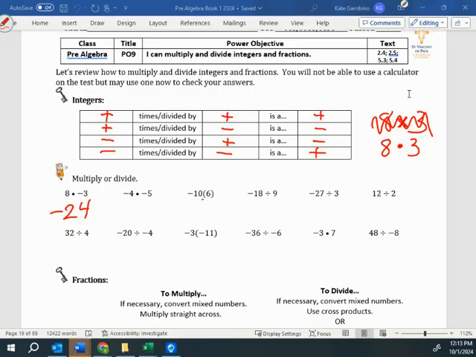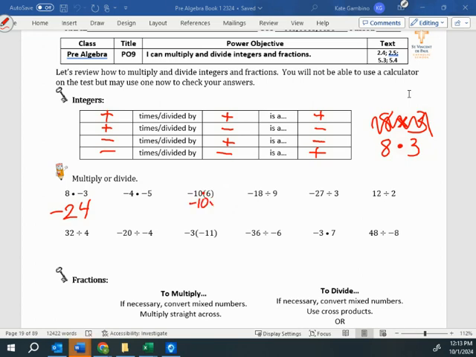What do I do for this one? Negative 10, parentheses 6. When there is something right in front of a parentheses, we don't have to put that multiplication symbol there. We just know that it means to multiply. So when we see something like parentheses, we know it's multiplied.